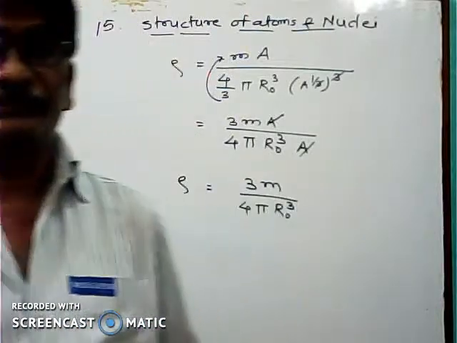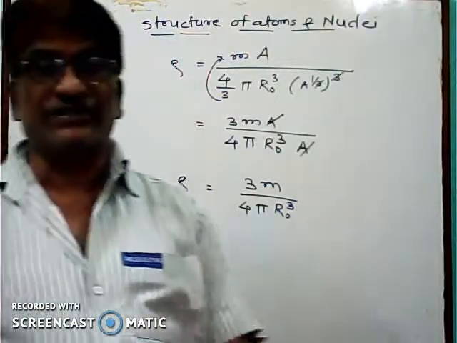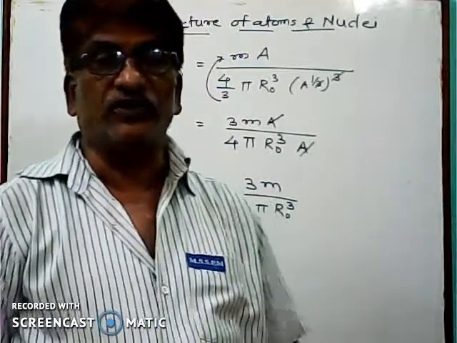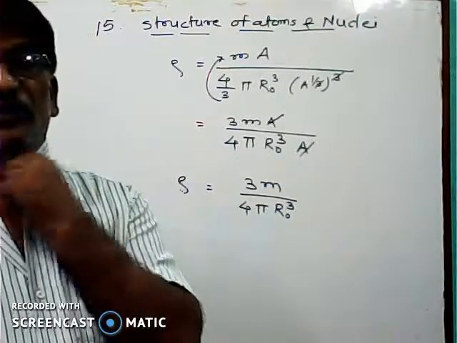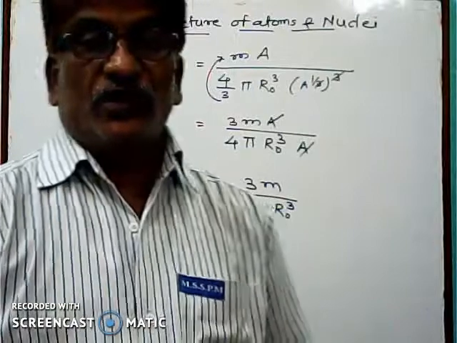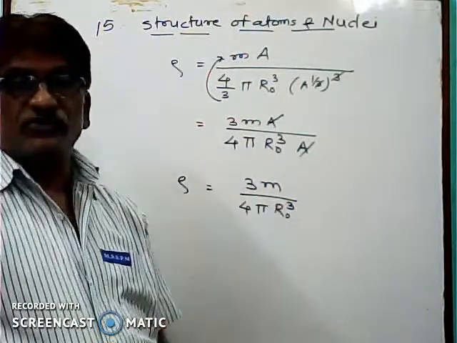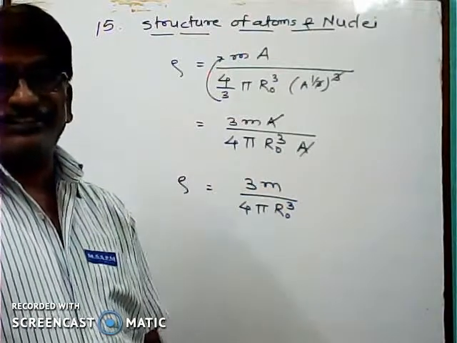We know that m is mass, R0 is a constant, and pi is also a constant. So if we know m, pi and R0, we can calculate density.